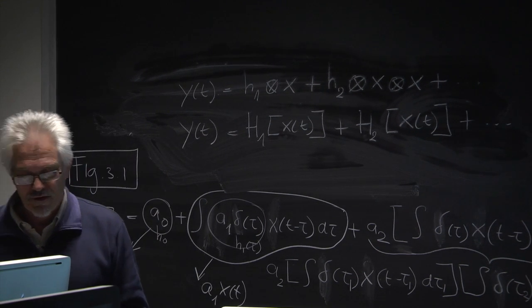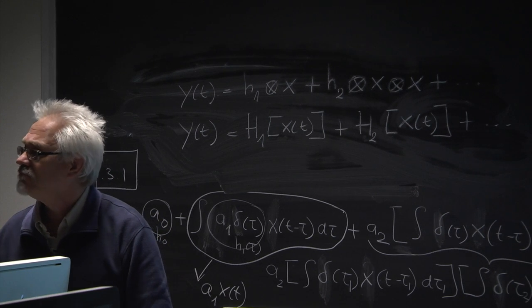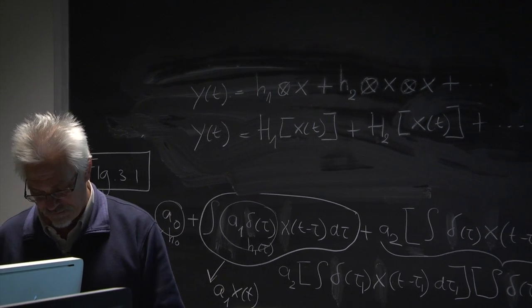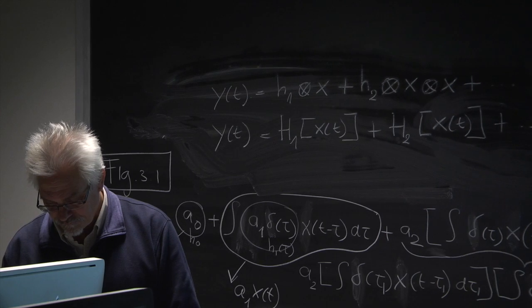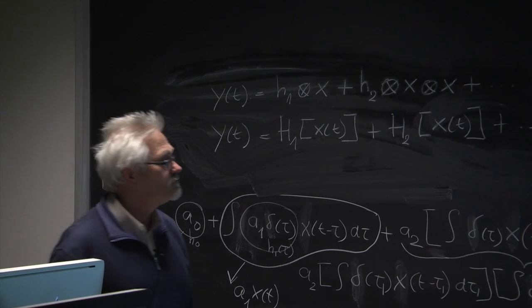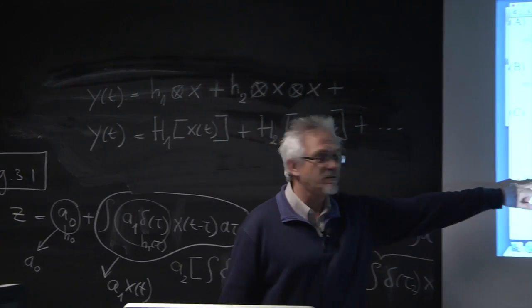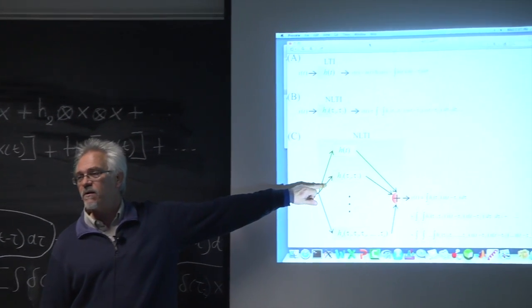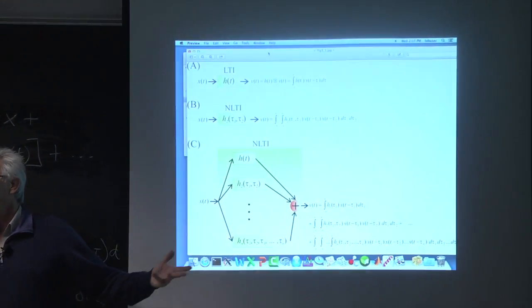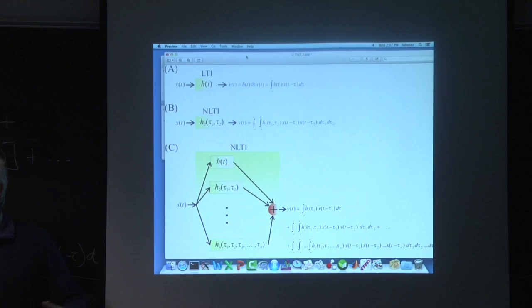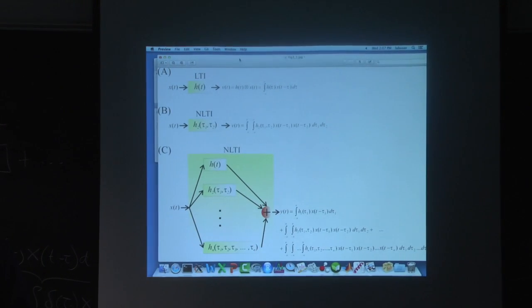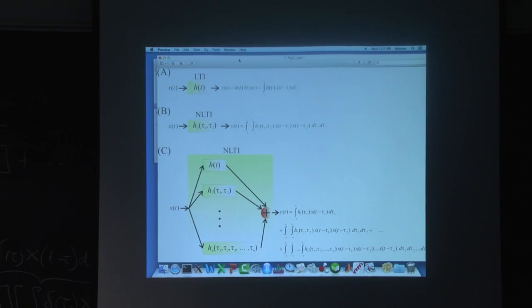Of course, this is nothing new or different, it's just a different notation. But I think this is quite an important figure. If you understand what's going on here, you basically understand how the Volterra series is conceived. Clear? Good.